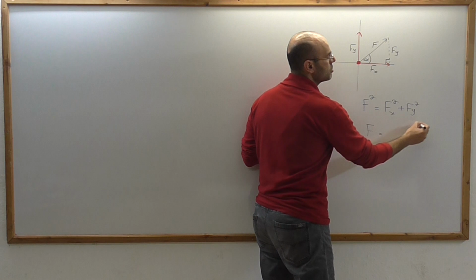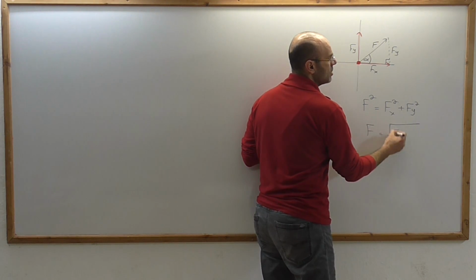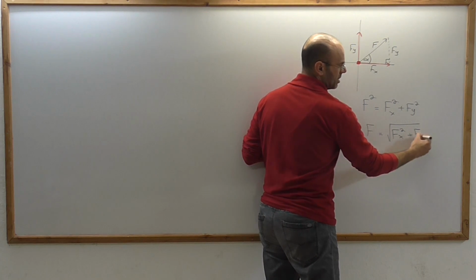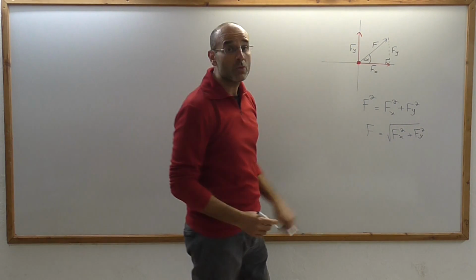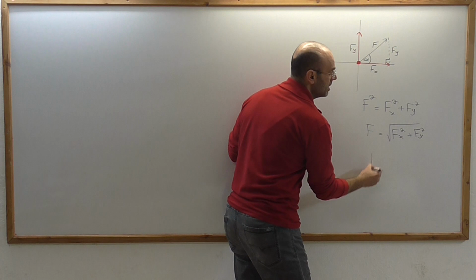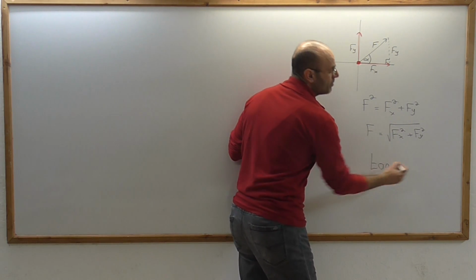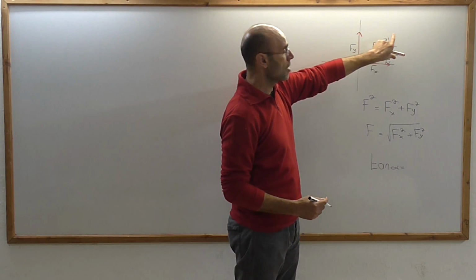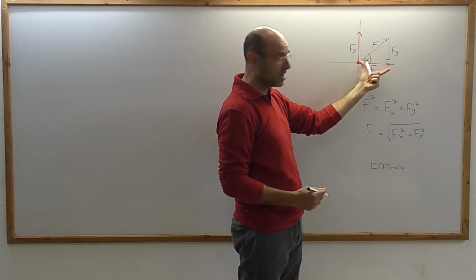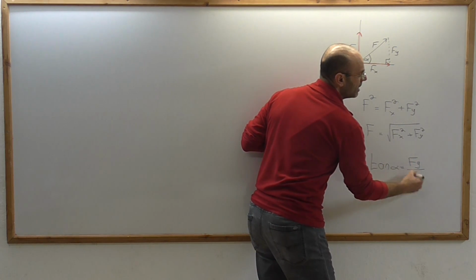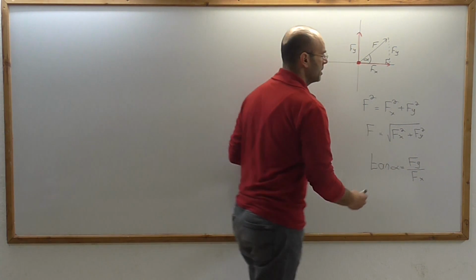So F equals the square root of Fx squared plus Fy squared. If we want the alpha, we use the tangent. Tangent alpha equals always the opposite over adjacent. Opposite is Fy divided by Fx.